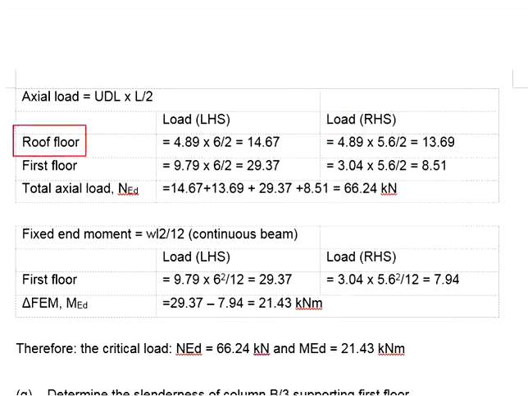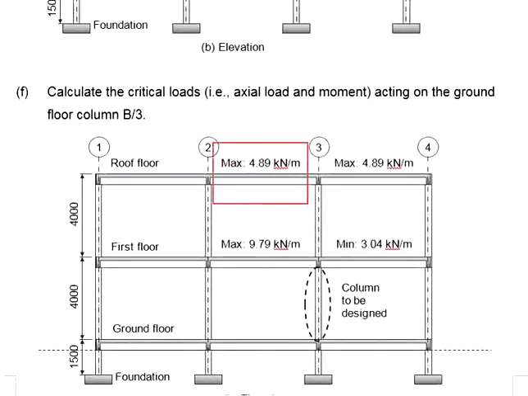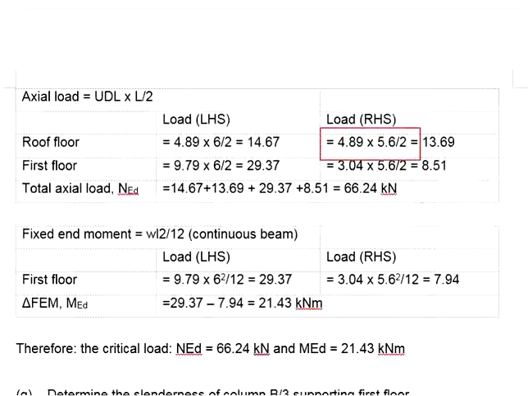The loads from the roof floor, we are taking the maximum UDL multiplied by the beam span divided by 2. This is referring to this beam. As for this beam, the calculation step is the same, except for the beam span.